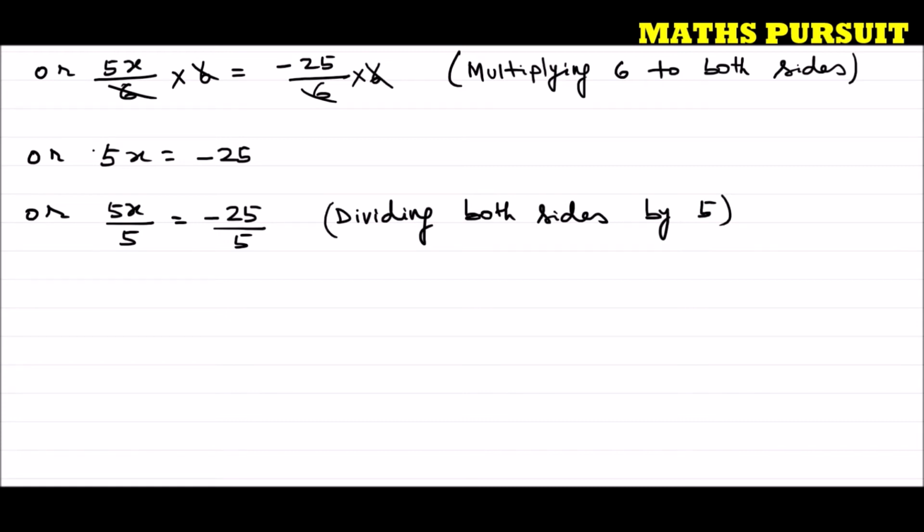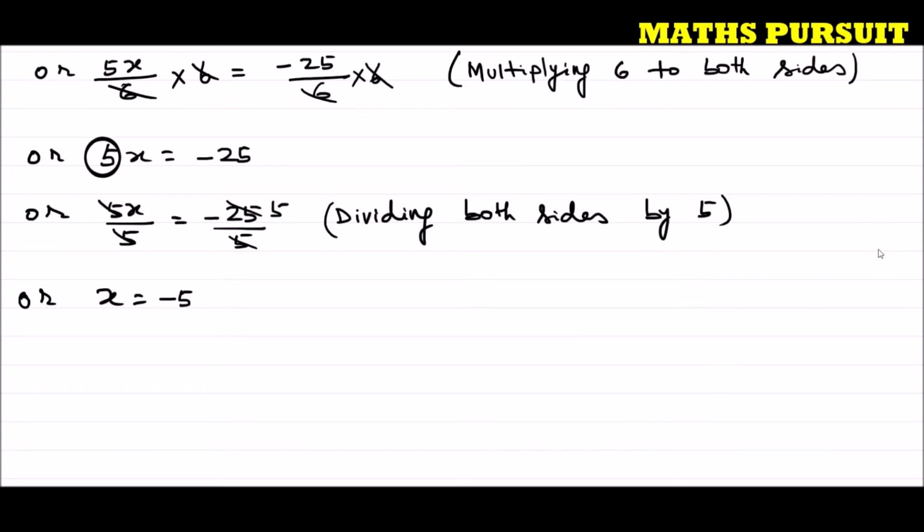I want to eliminate this 5 from x. If I can eliminate this 5 from x, then only I can get the value of x. So in order to eliminate this 5, I need to divide this 5 by 5. If I am dividing something on the left side of the equation, I should also do the same thing to the right side of the equation. For that reason, I am dividing both sides of the equation by 5. Or I can write x is equal to minus 5. How minus 5? This 5 cancels out, and 5 5s are 25. So we got x is equal to minus 5.